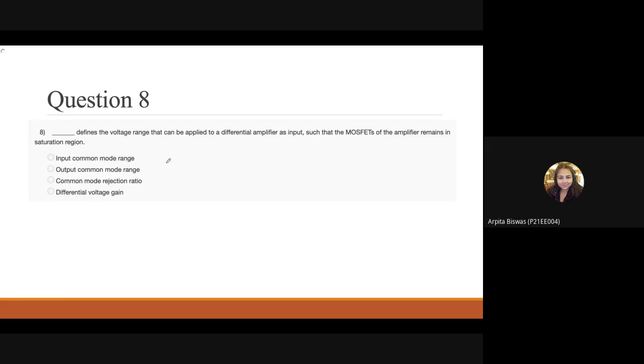Dash defines the voltage range that can be applied to the differential amplifier as input such that the MOSFET of the amplifier remains in saturation region. First option input common mode range, second is the output common mode range, third option is the common mode rejection ratio, and option D is the differential voltage gain.